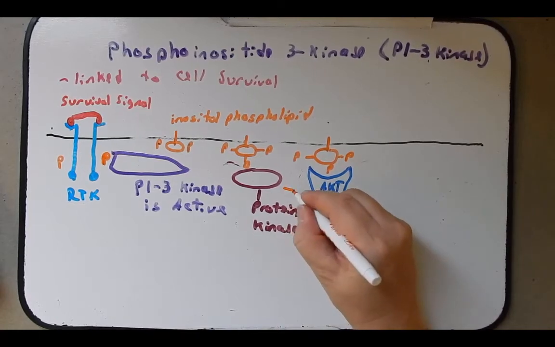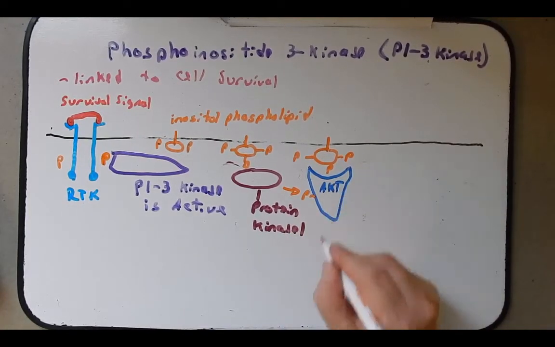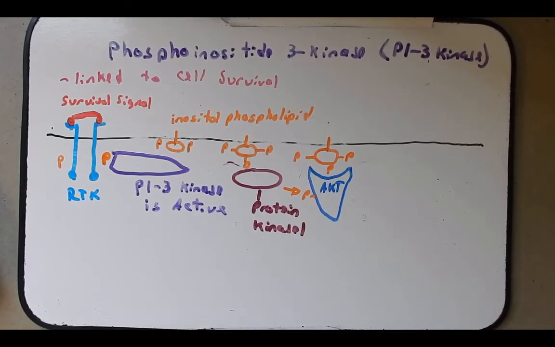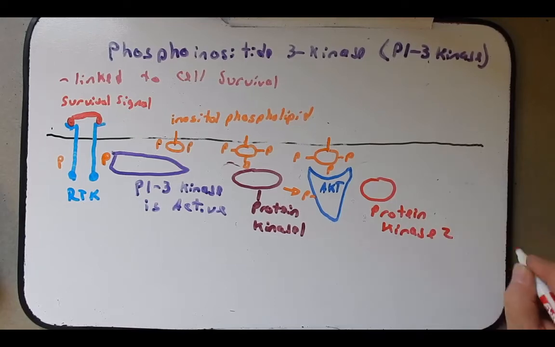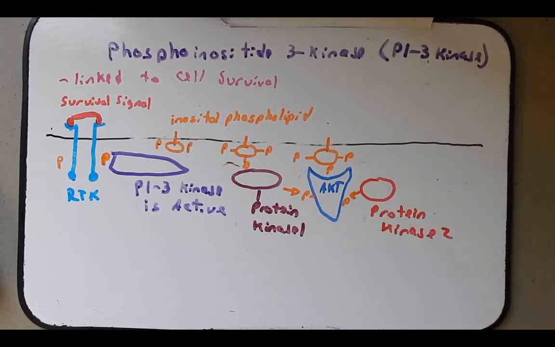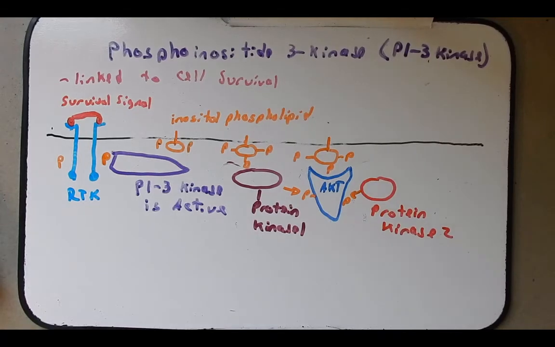Protein kinase 1 will add a phosphate group to AKT, and in addition there is a cytosolic kinase that we'll call protein kinase 2 that will also add a phosphate group to AKT. AKT is now active. So when it's phosphorylated by these two kinases, it becomes active. So let's talk a little bit about what AKT does.